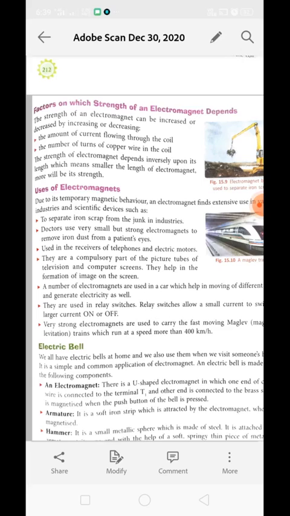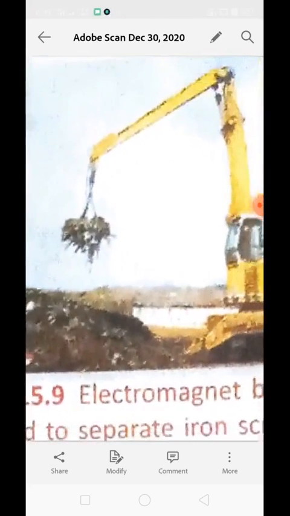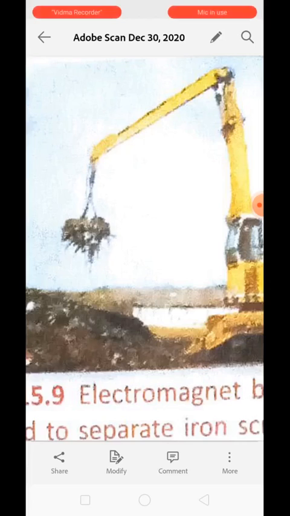If we are increasing the amount of electric current, then obviously the strength of the electromagnet will increase. And if we are reducing the amount of electric current, obviously the magnetic property of the electromagnet will decrease in quantity. Now the next is the number of coils or turns of copper wire in a coil.